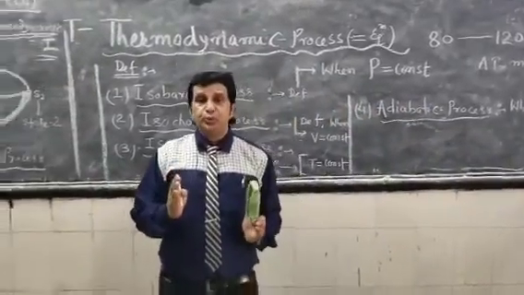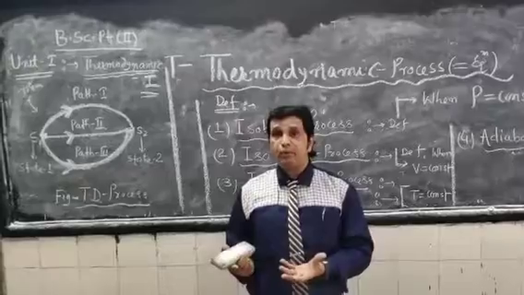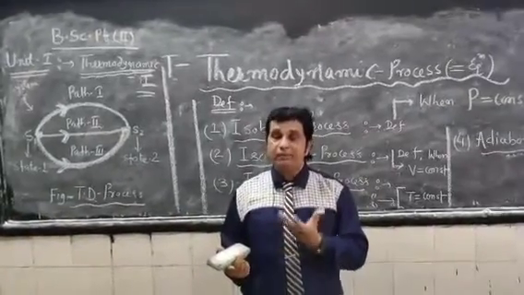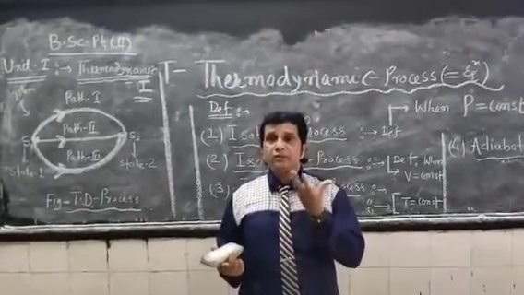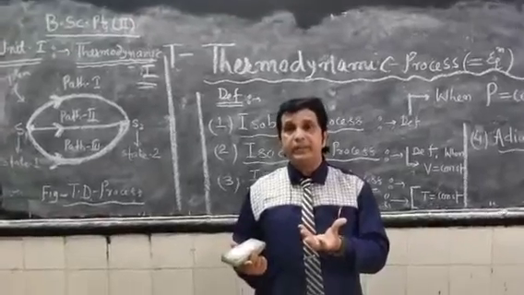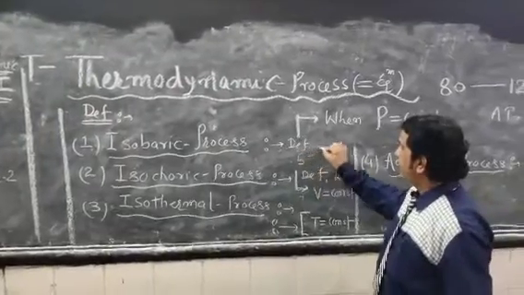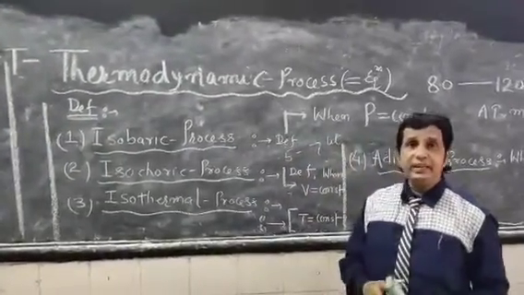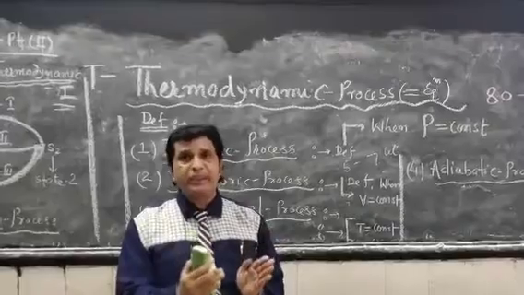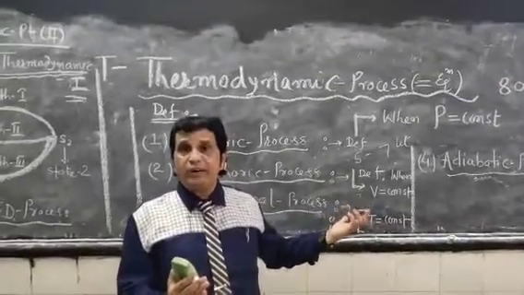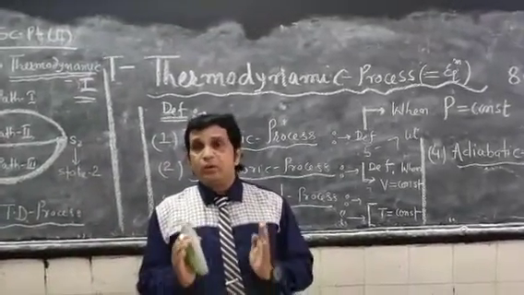Where do we observe the isochoric process as a general phenomenon in our daily routine life? The quantity of water in the human body is required to be 5 to 7 liters, plus or minus, and this quantity of water must be present in our body for a normal and healthy life.